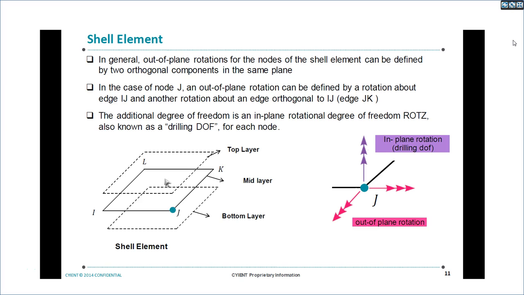Typically, we apply torque for this degree of freedom because for the other rotations it has reference lines ij and jk, whereas for the third one it doesn't have any edges. It's only one node here.